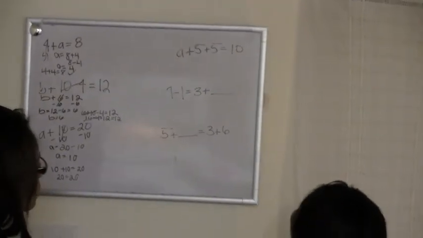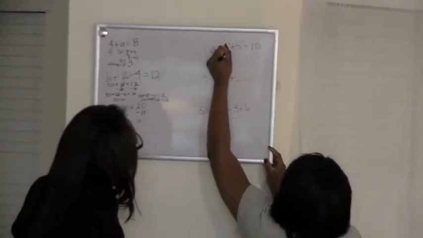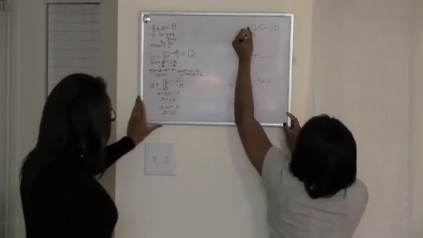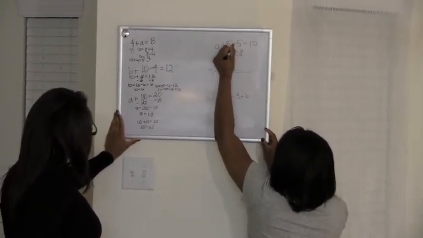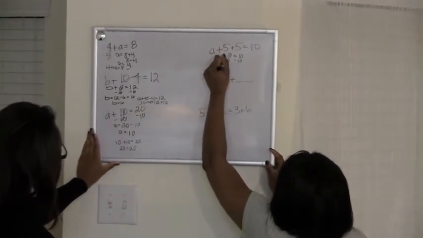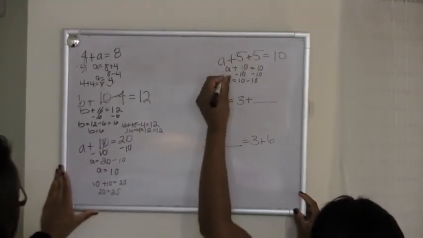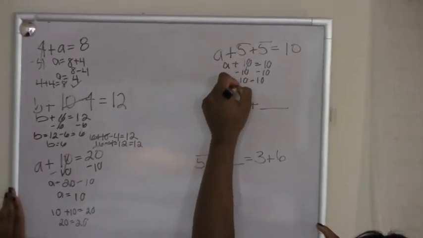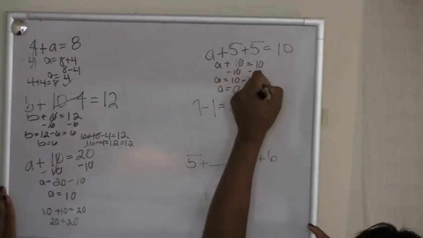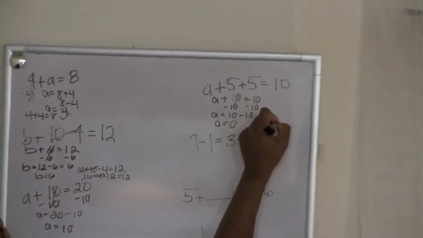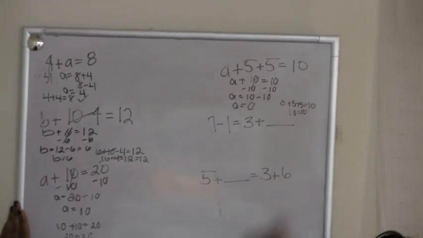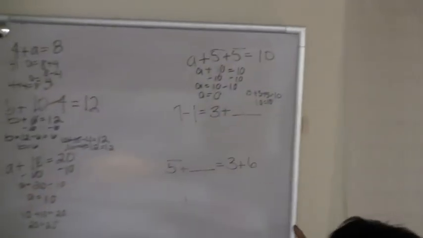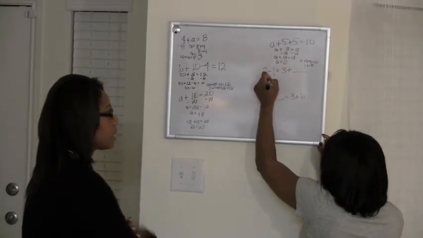We have 8 plus 5 equals 10. So we have 7 minus 1 equals 3 plus blank.